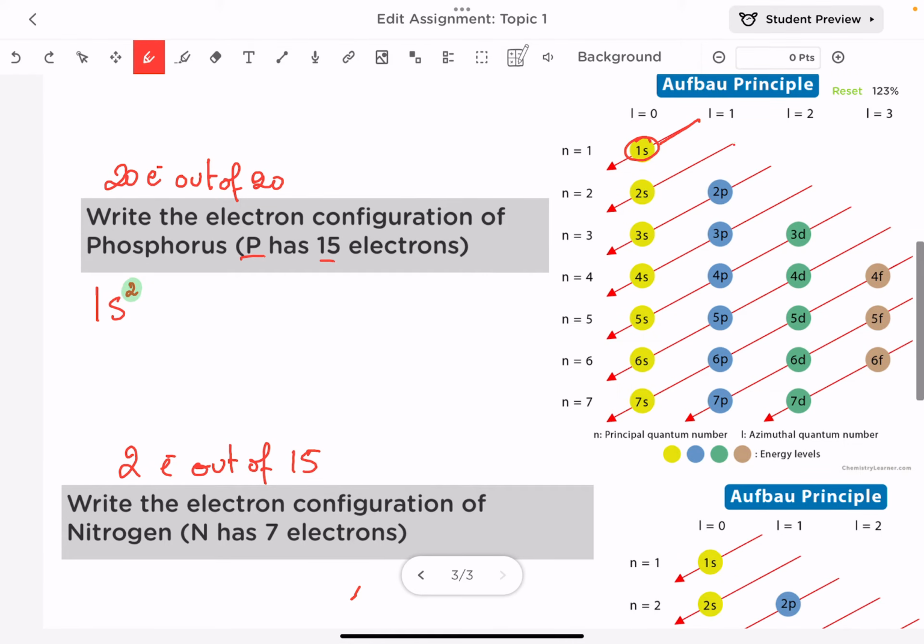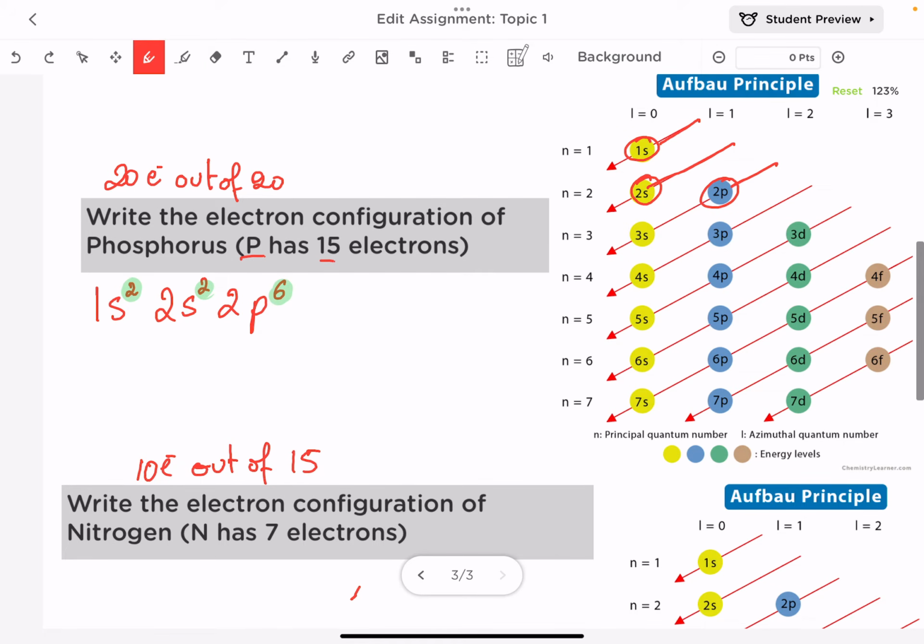We continue. The arrow goes to 2s, and s can take 2 electrons. So that is now 4 electrons out of 15. After the 2s, we continue to 2p. That's 10 electrons out of 15.